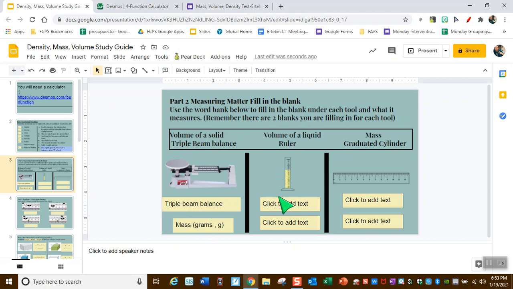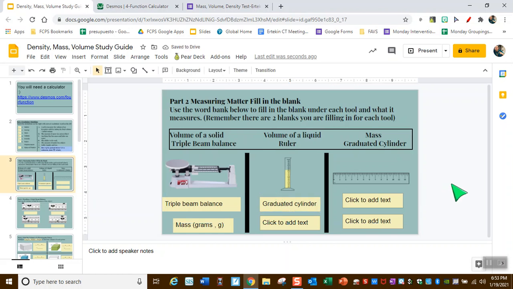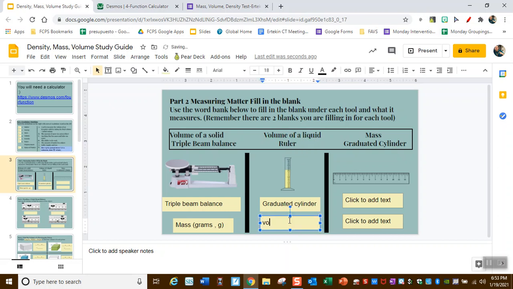This instrument is called a graduated cylinder, okay? A graduated cylinder. We use this graduated cylinder to measure the volume of a liquid, okay? Usamos esto para medir el volumen de un líquido.